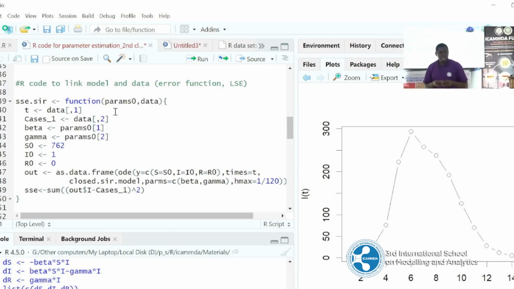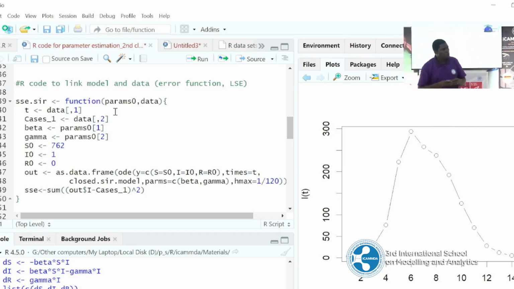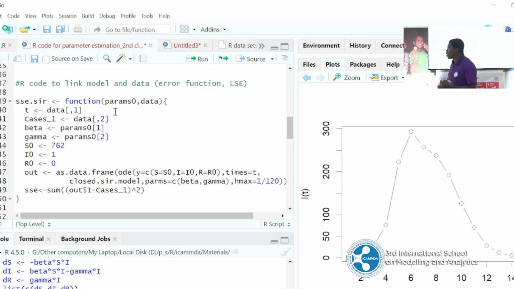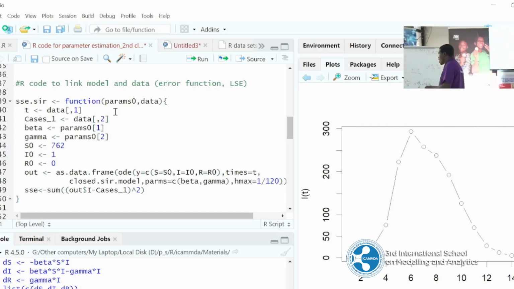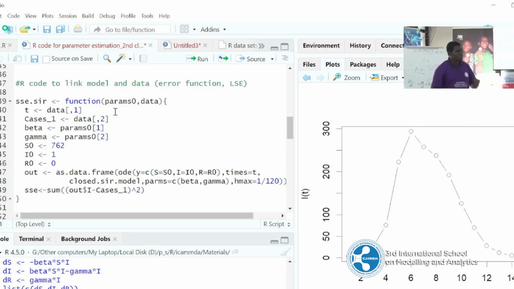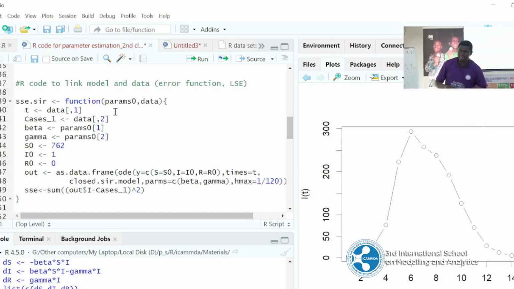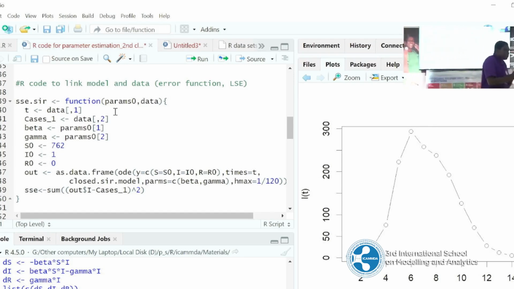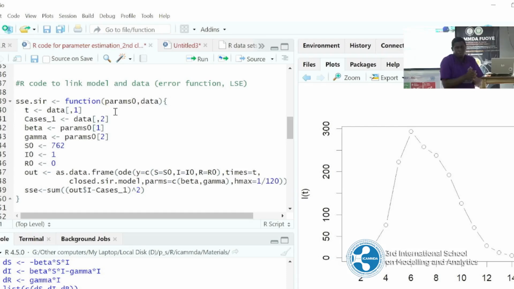The least square method makes use of what we call the sum of square errors. So it tries to minimize the sum of square error between the model and the data. Are we together? So it tries to ensure that the model and the data come as close as possible.